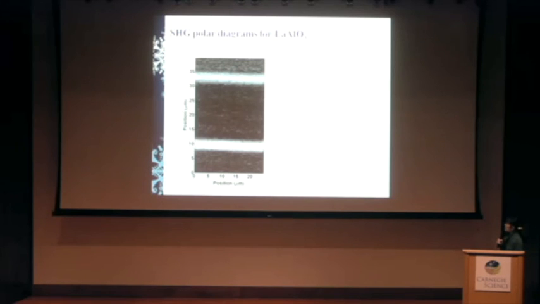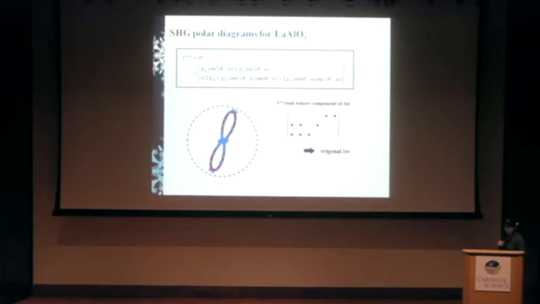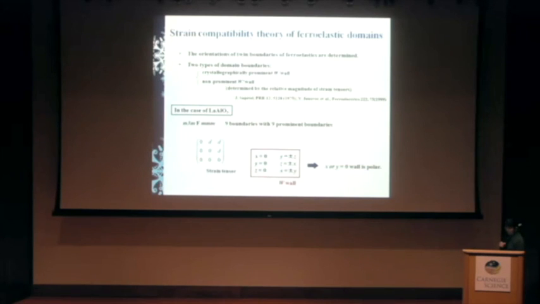And we selected some area and performed the fitting by assuming the symmetry as trigonal 3m, and it fits the experimental data quite well. So we analyzed this data according to the strain compatibility theory. In the case of ferroelastic material, there are two types of domain boundary: one is the so-called W wall, and the other is the W prime wall.